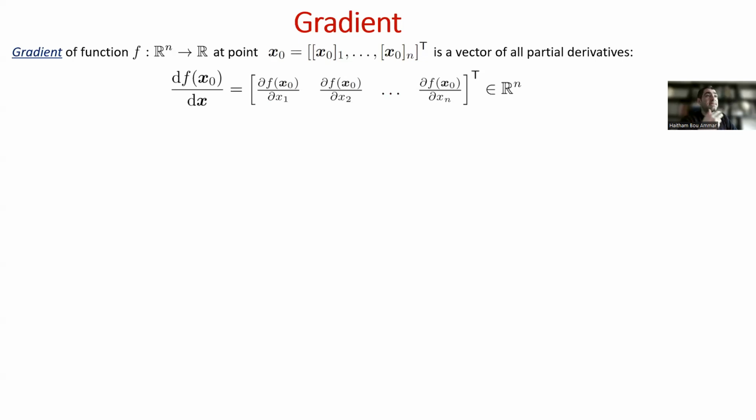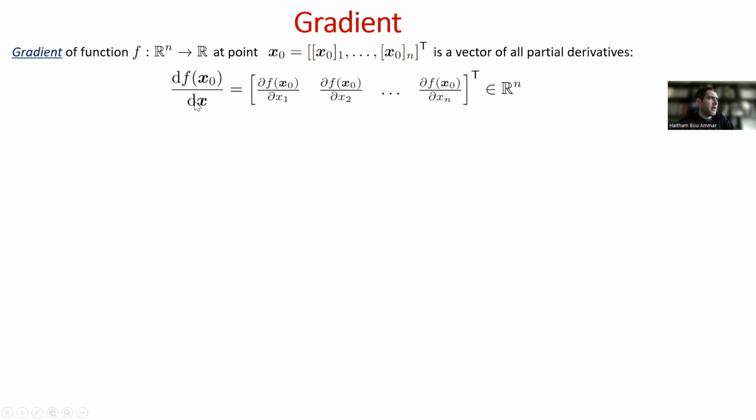That analog is the gradient. It's also called the derivative of the multivariate function. And the gradient of the multivariate function is nothing but a collection of its partial derivatives.